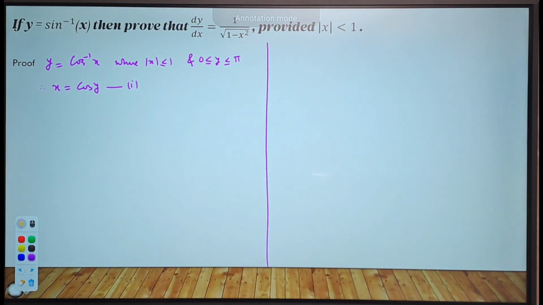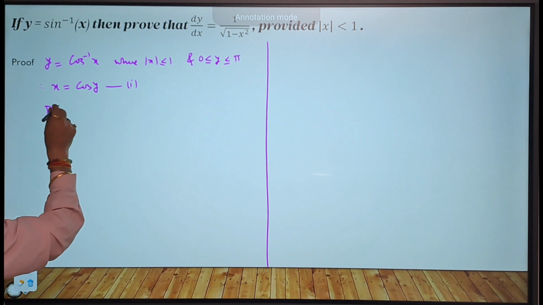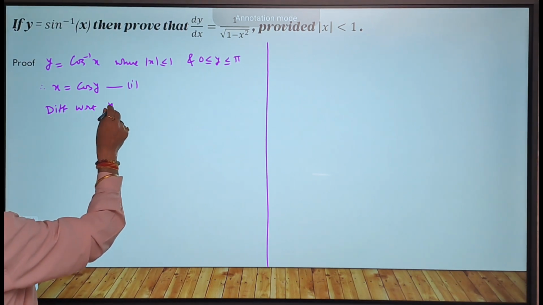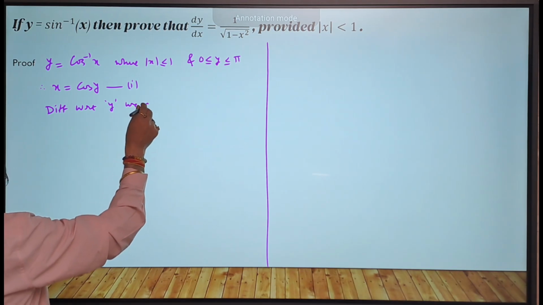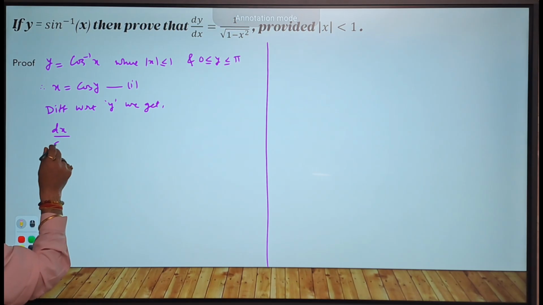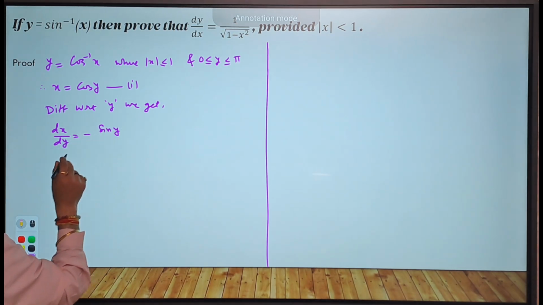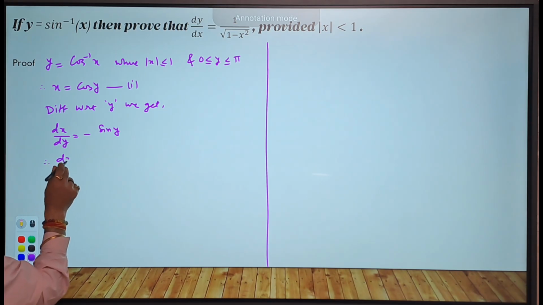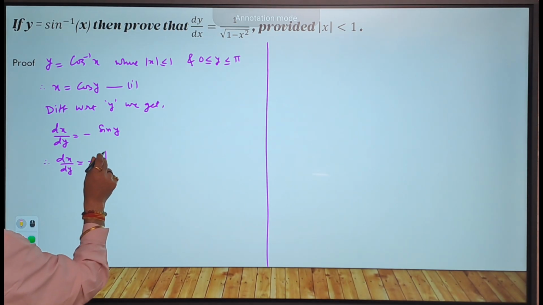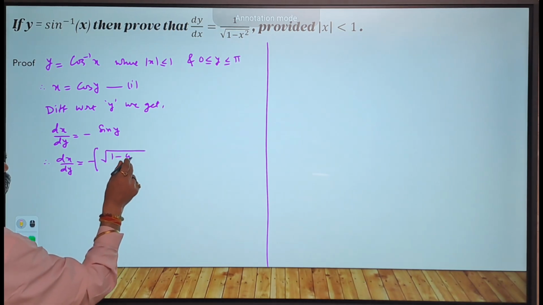Now x is differentiable function of y. So differentiating with respect to y, we get derivative of x with respect to y is what? Minus sine y. Minus sine y is written as root 1 minus cos square y.